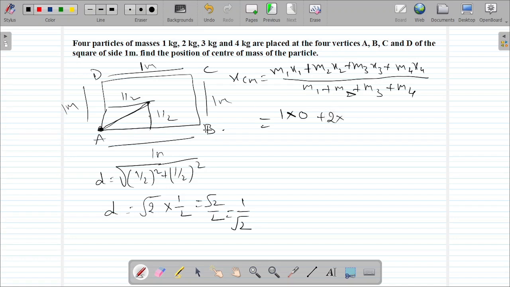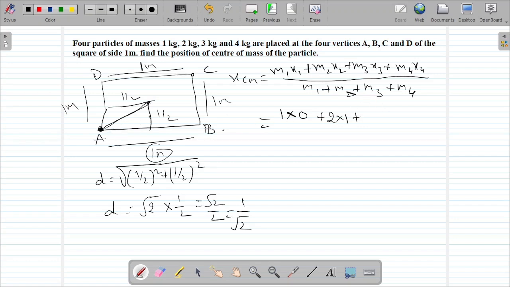At what distance from the origin? From the origin it is 1 meter, so 1, plus m3. Where is m3? It is on the x-axis as well as on the y-axis. On the x-axis it is at a distance of 1 meter, on the y-axis also 1 meter.